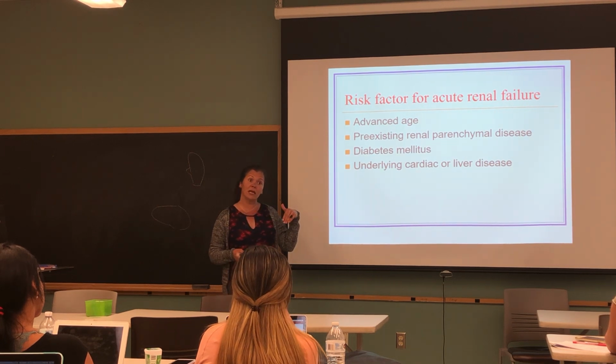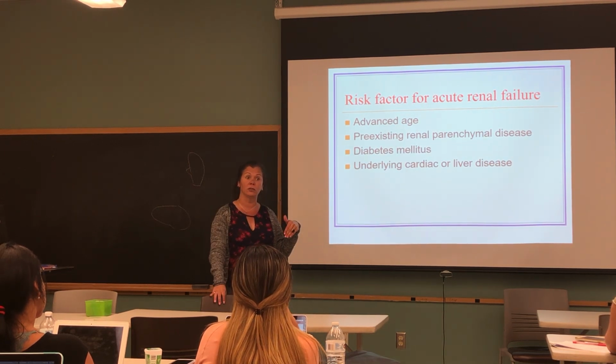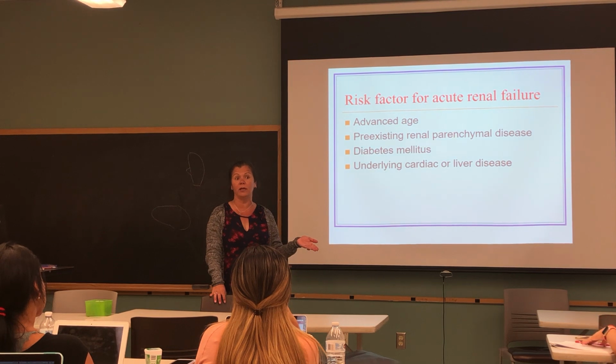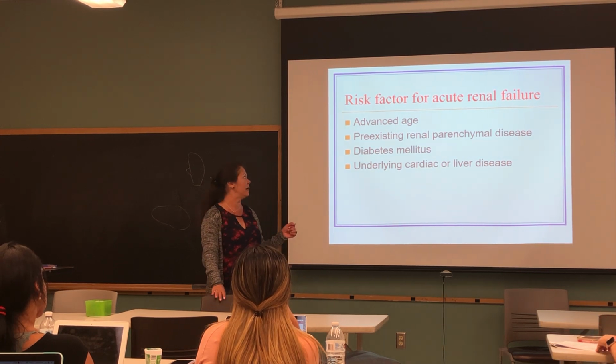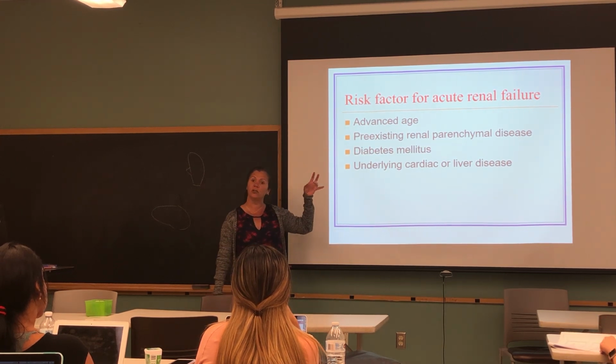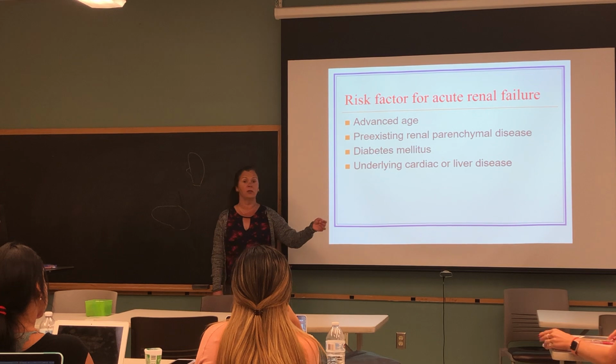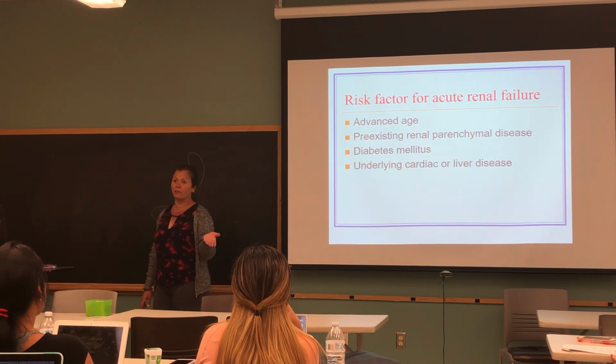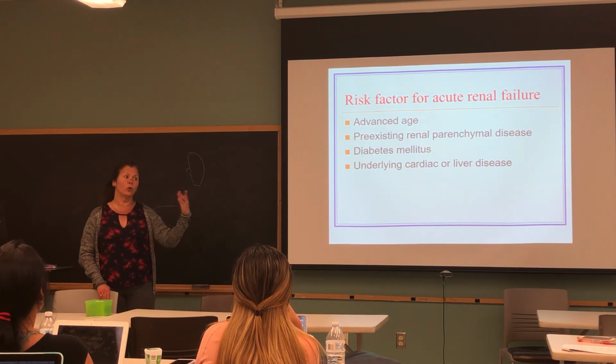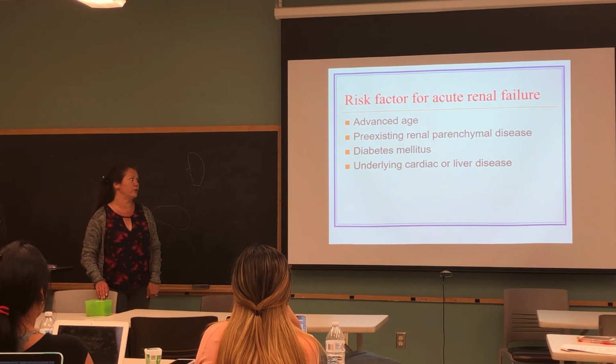If you have a pre-existing renal disease, of course, when you go into hypovolemia, you can have more damage. Patients with hypertension, diabetes, or any autoimmune condition that will lead to renal failure, that's a major risk factor. And as I previously stated, anything that affects the cardiac output will go through a vicious cycle of renal failure.